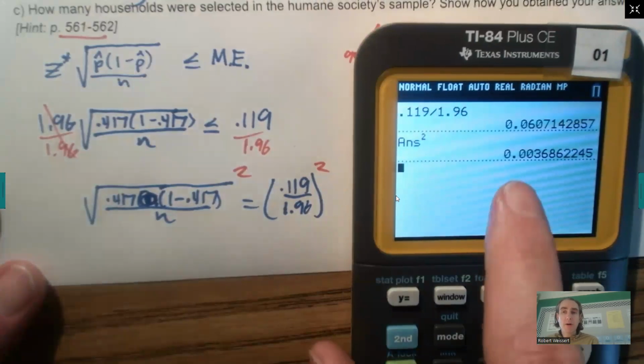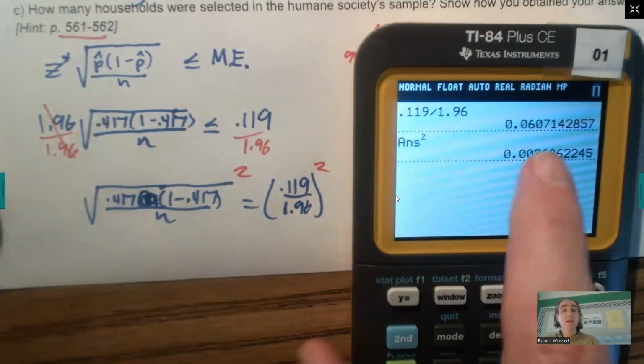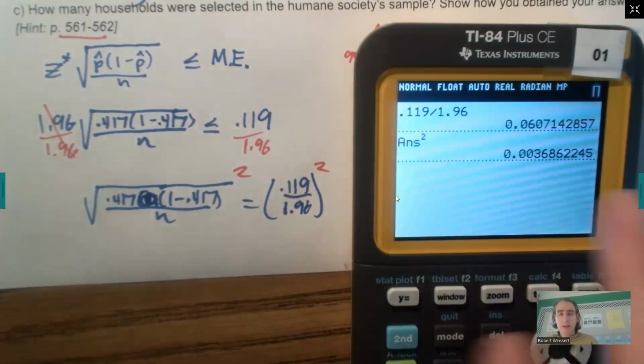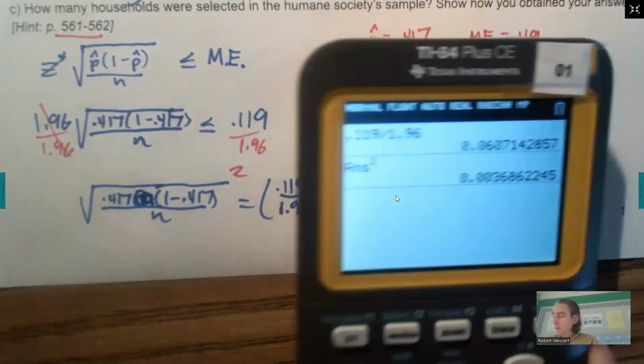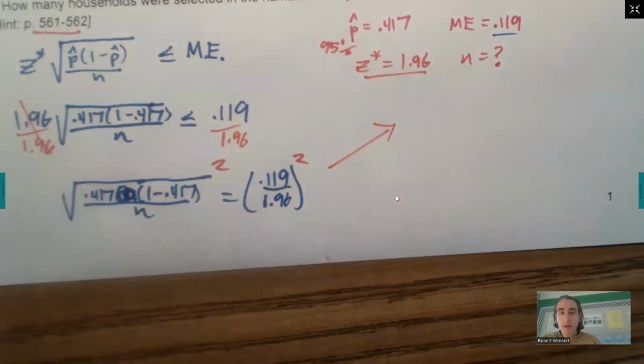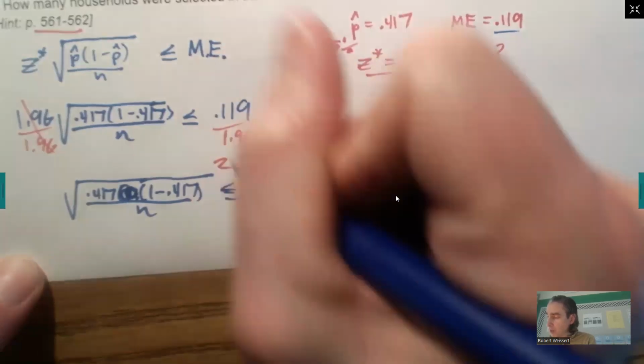Now we'll have our squared value as 0.003686. It's important that you do not round. We don't want to round along the way, so we're going to leave that answer the way it is. Finally, when I do the rest of my equation, we have to remember that this is really an inequality.